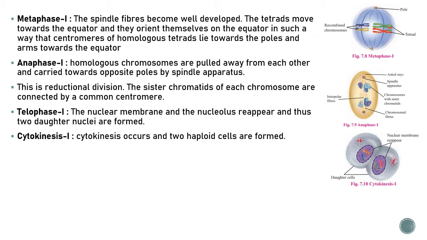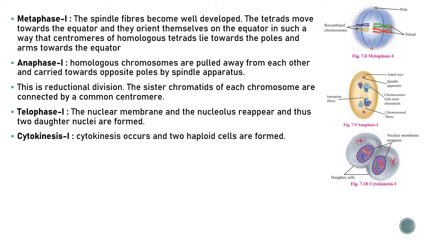So that is about meiosis first, which includes prophase-I, again subdivided into 5 substages: leptotene, zygotene, pachytene, diplotene, and diakinesis.